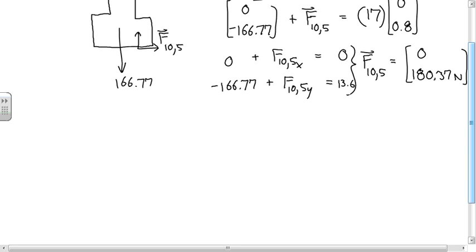So next we're going to talk about the first type of force where we know the direction. We're not going to treat it as an unknown force vector, but as a scalar in a known direction.